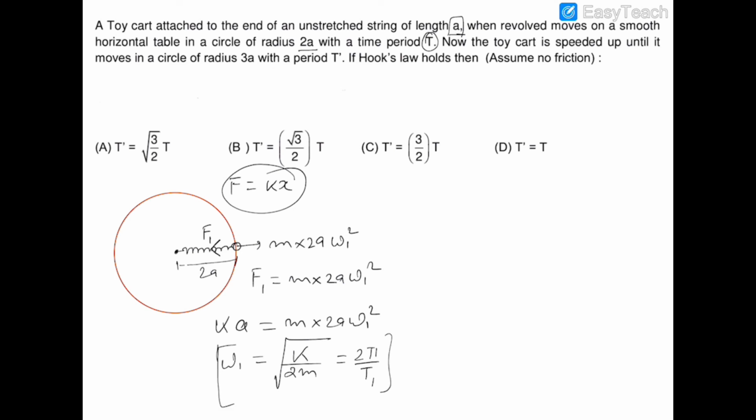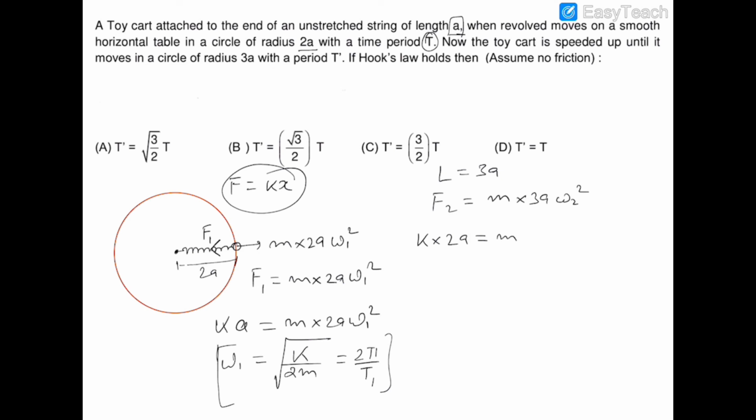Now in the second case, the toy car is being speeded up. Its angular speed is increased until it moves in a circle of radius 3a. Now when the new length is 3a and the original length is a, then this F2 will be balancing m into 3a omega 2 square, and this F2 will be equal to k into 2a, because the natural length was a and the total length at this time is 3a.